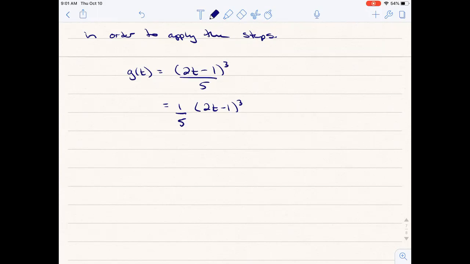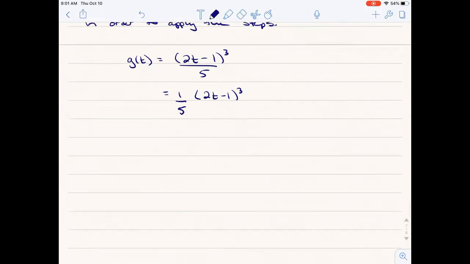Essentially we want to factor out a common 2. So we've got 1 over 5, and then bracket, 2 outside, and then another bracket, t minus 1/2, all to the power of 3.